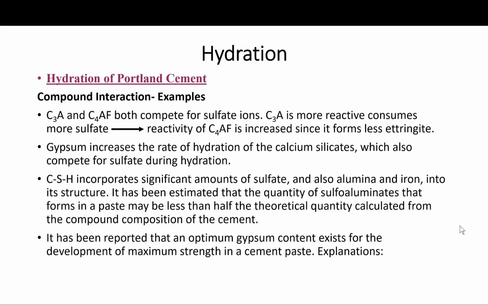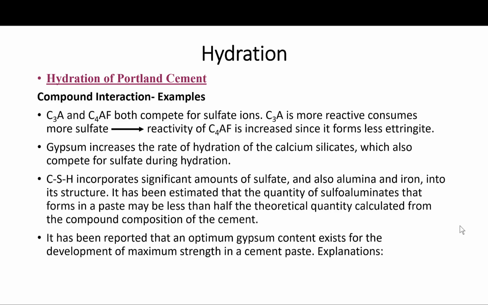For example, C3A and C4AF both compete for the sulfate ions. But the more reactive C3A will consume more sulfate than does the C4AF. The effect of this is to increase the reactivity of C4AF, since it forms less ettringite than would be expected.